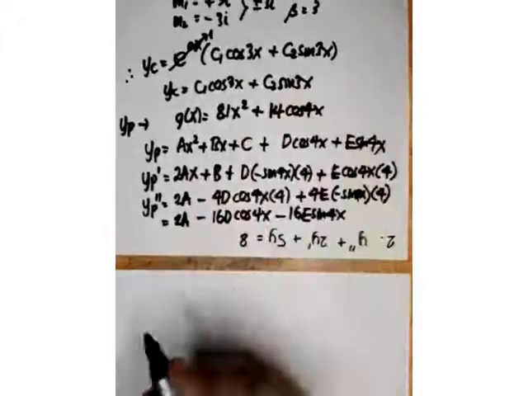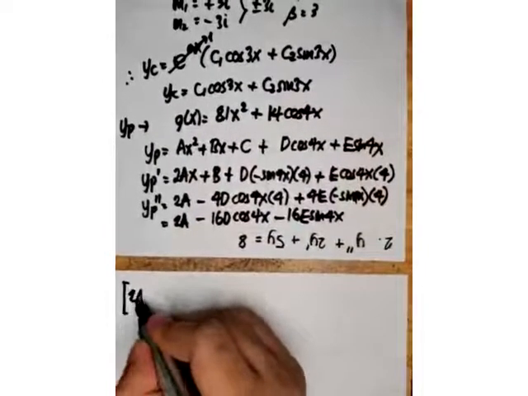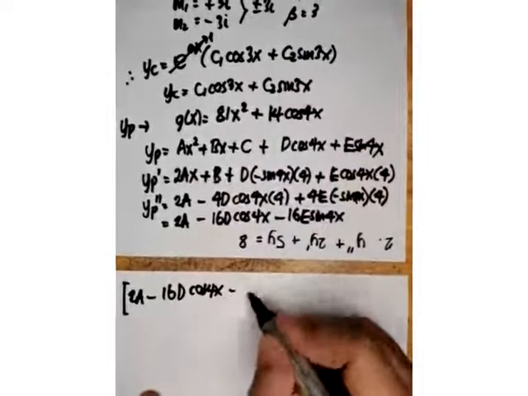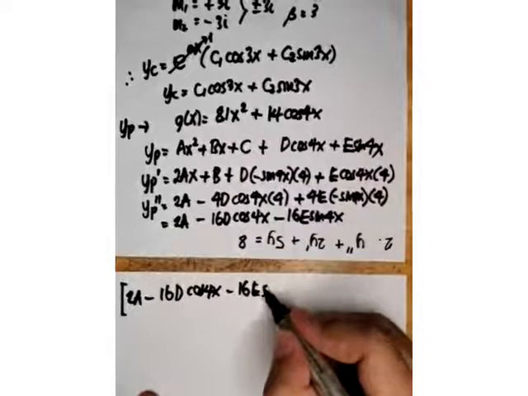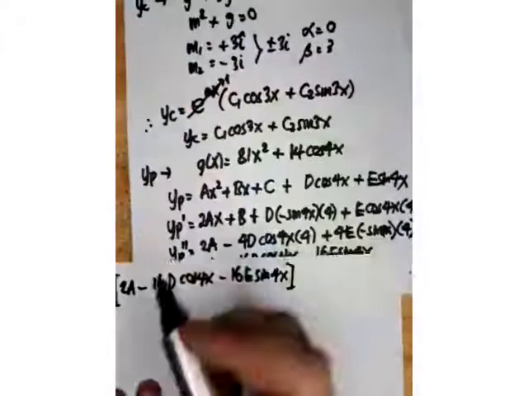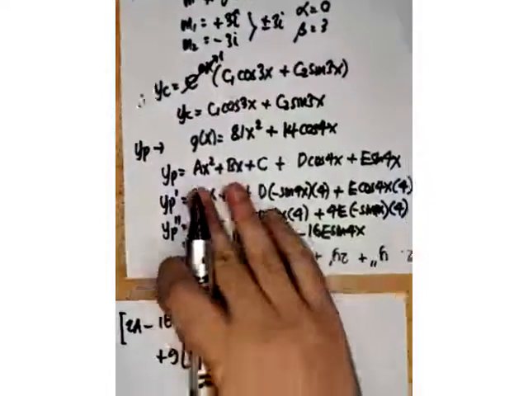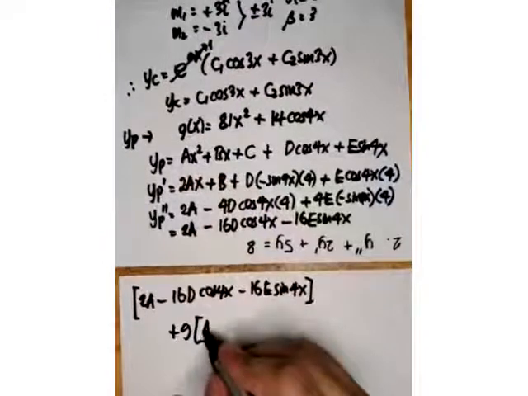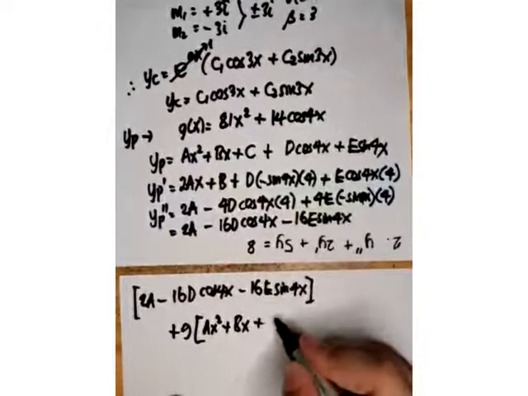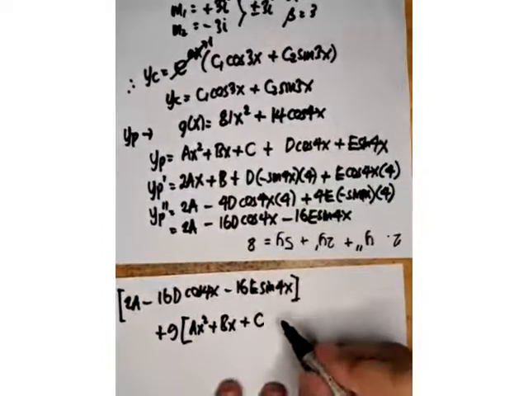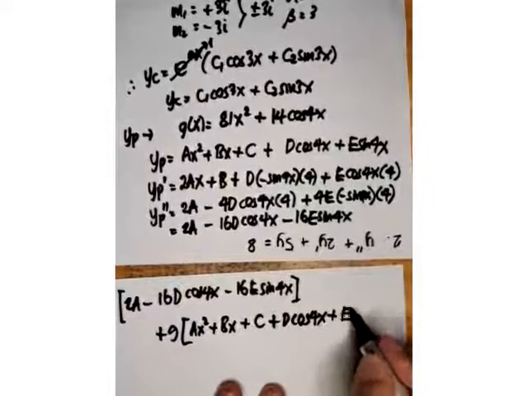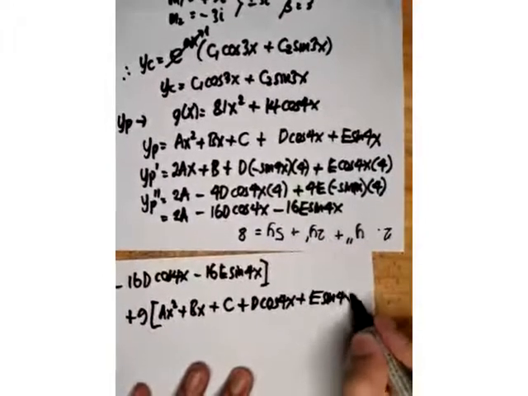Since meron na tayo nito, isa-substitute na lang natin sila dito sa equation natin. So, unahin natin y double prime. So, the quantity 2a minus 16d cosine 4x minus 16e sine 4x. Okay? Plus 9 times yung yp lang natin, which is ax squared plus bx plus c plus d cosine 4x plus e sine 4x.